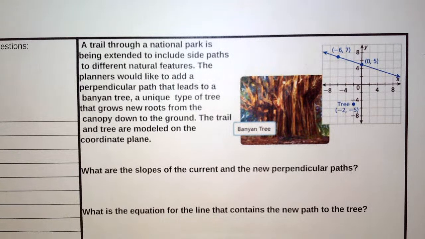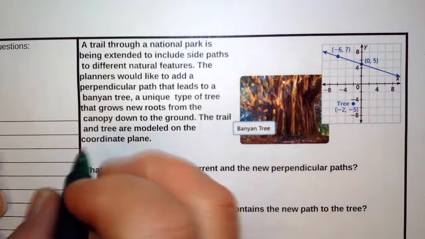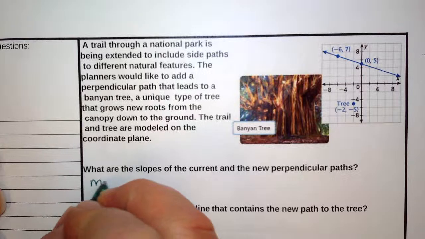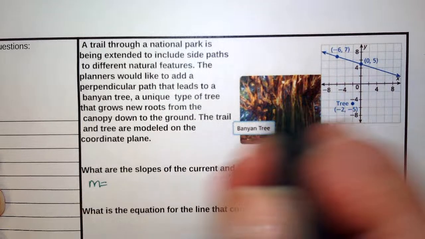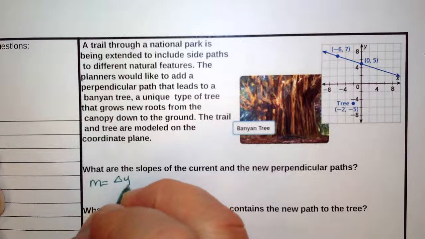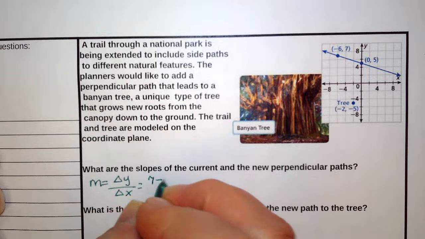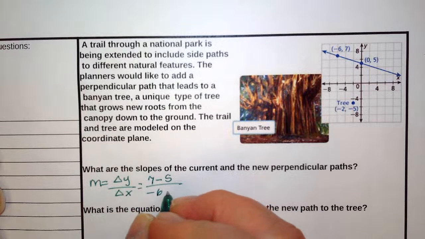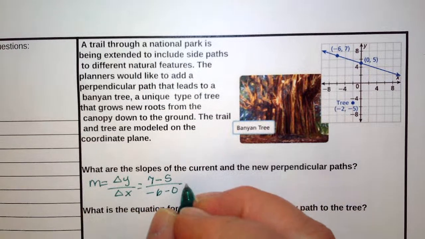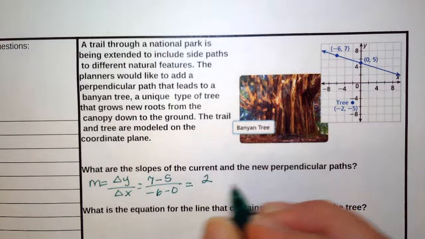Well, let's find the slope of the first path. We've got the 2 points. So we would have 7 minus 5. It's delta y over delta x. 7 minus 5 over negative 6 minus 0. 7 minus 5 is 2.